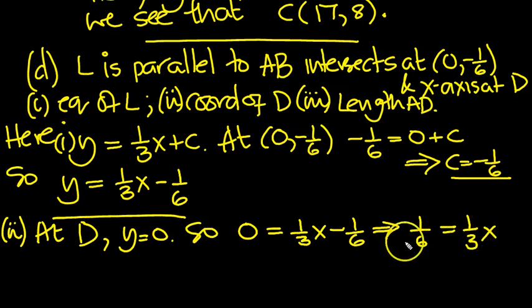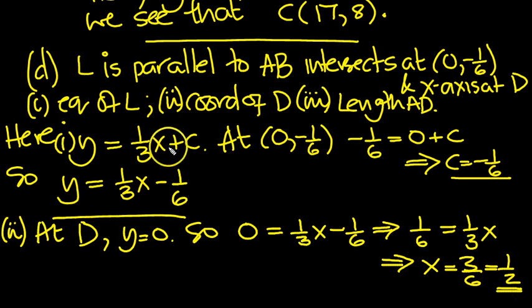Then times by 6 both sides, or move the 3 up there from divide to times. x is equal to 3/6, which is just a half. So x is a half. That's the coordinates of D, and that's part 2.